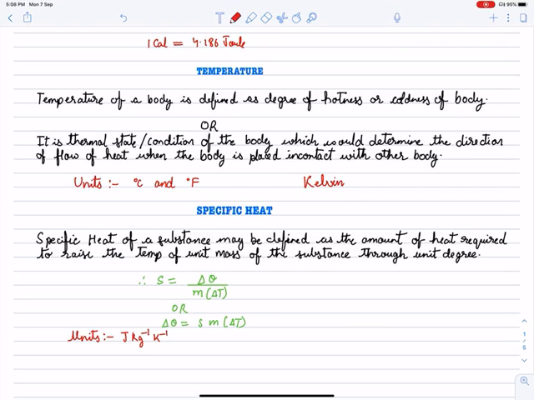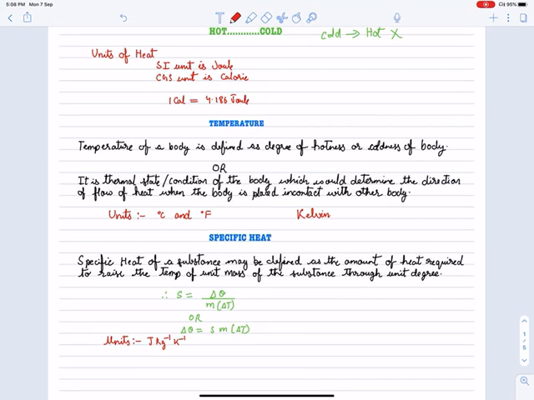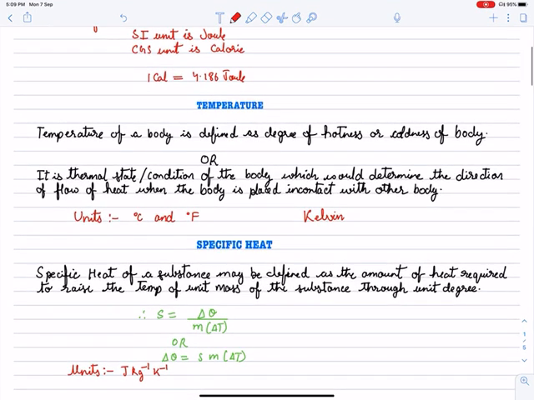What I mean is, if I define del Q equal to S m del T.